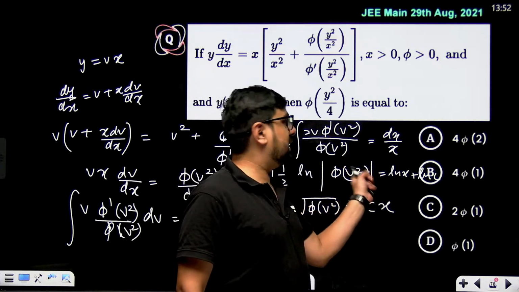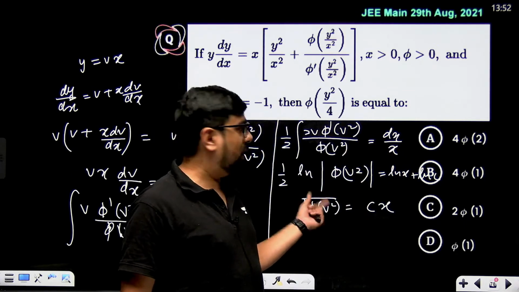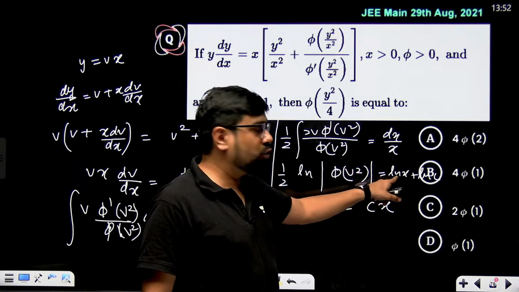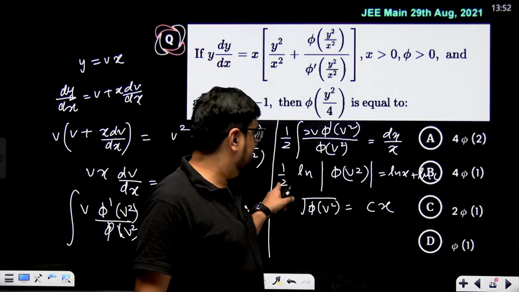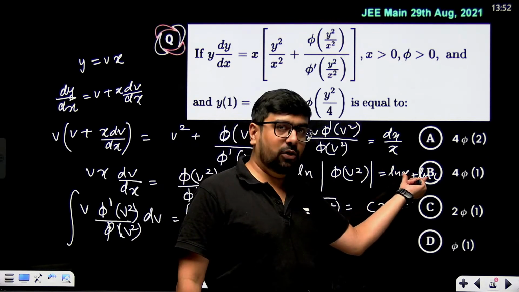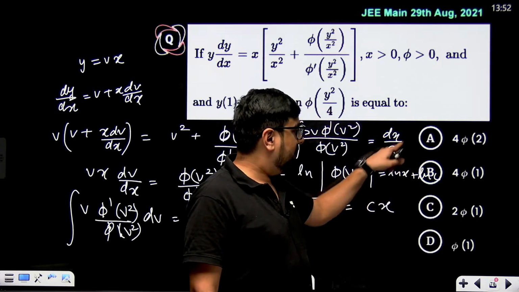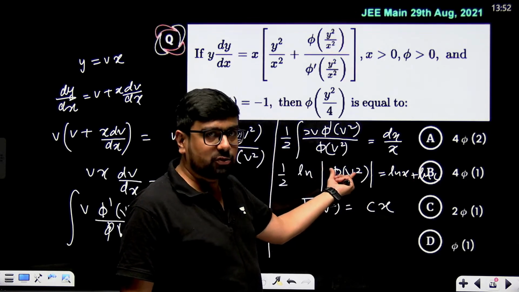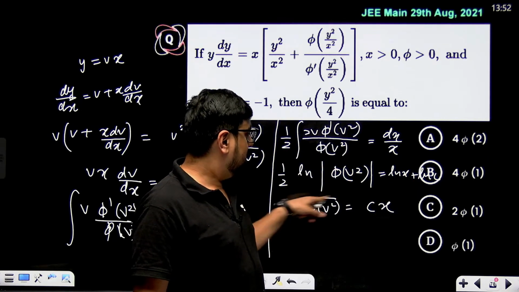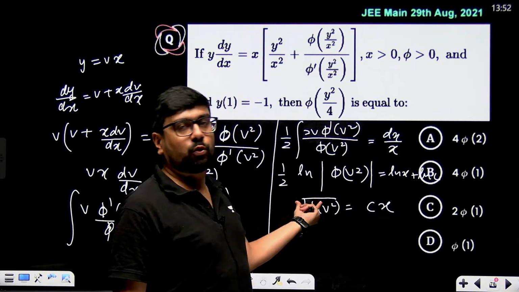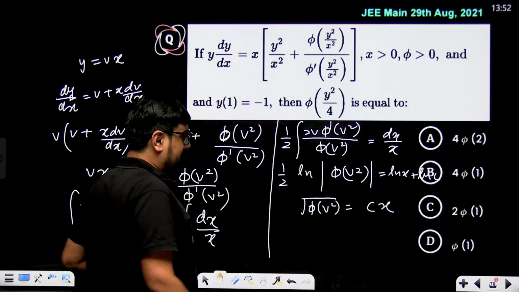This 2 will go that side, squared, and this side it will become square root. Ln will get cancelled. Then xc whole square is equal to phi of v square. So cx whole square is equal to square root of phi v square. I'm directly writing this step.